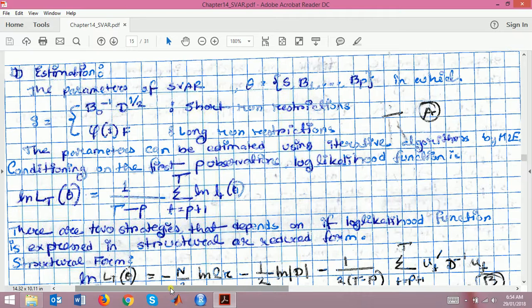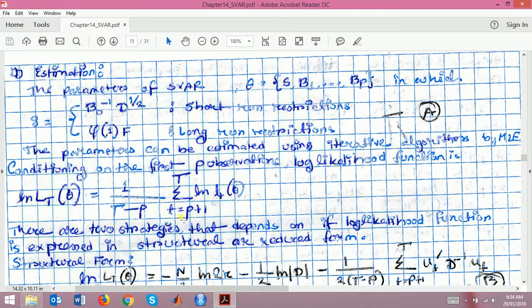So we can condition upon the first p observations, a selected number of observations, so that can be T minus p. But remember, our iteration will begin from p plus 1 in all cases, whether we are talking about s plus 1 or p plus 1, because this equation has been repeated before.